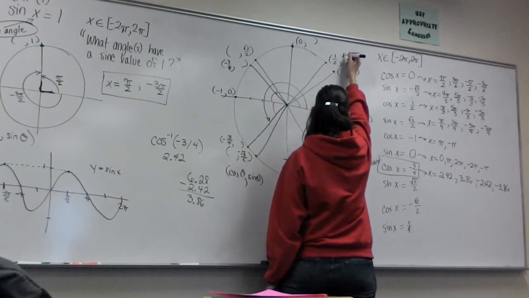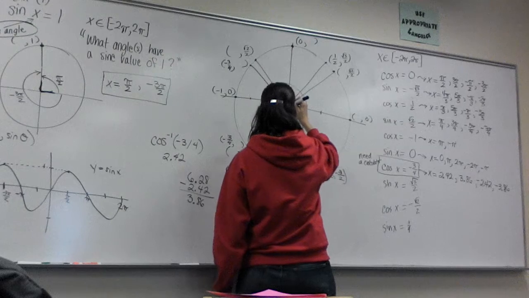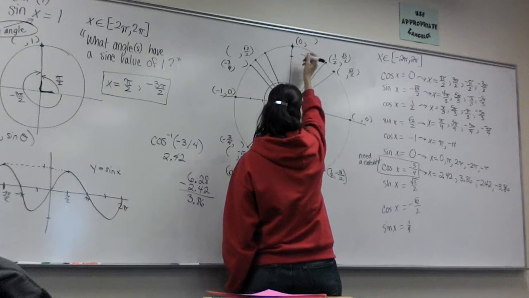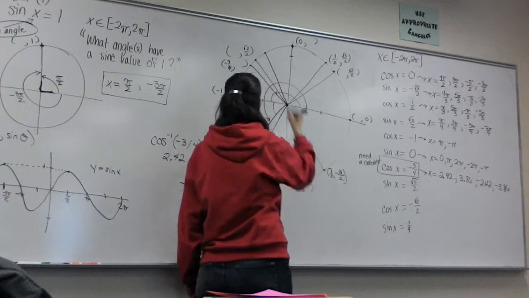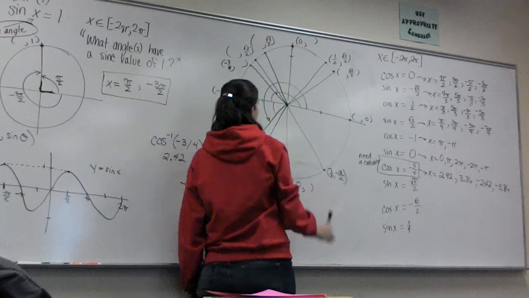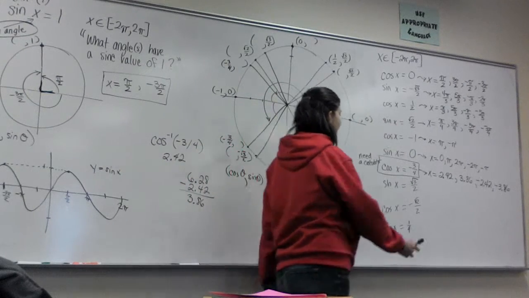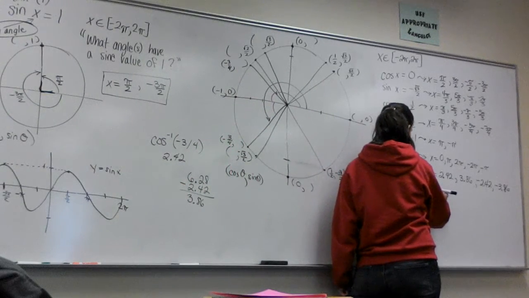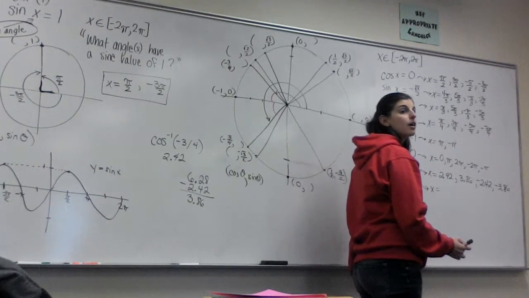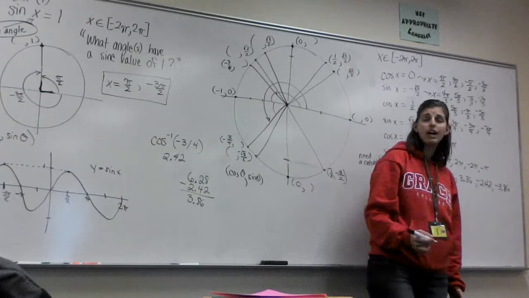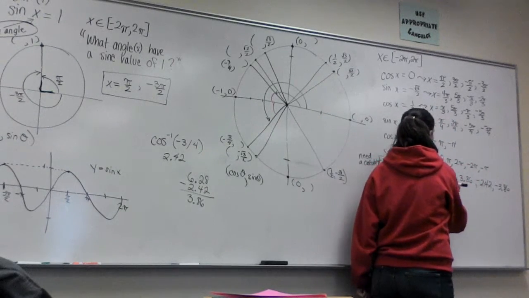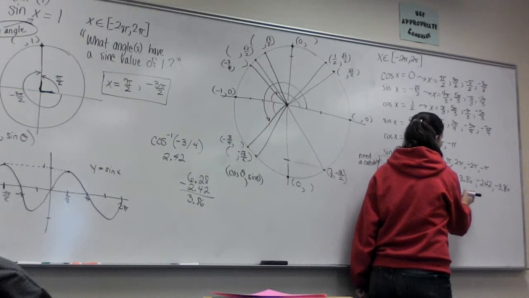It's square root of 3 over 2 up here, and we know there's another angle that gives me that same height of square root of 3 over 2, second number. So the angles that give me a sine of square root of 3 over 2 are what? We have pi over 3 and 2 pi over 3.